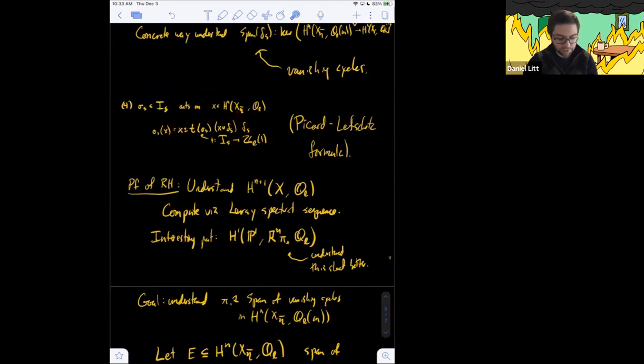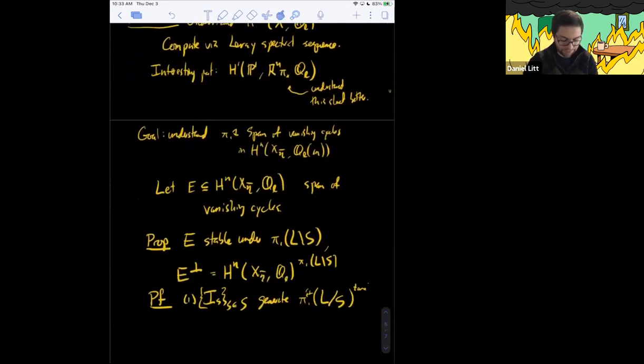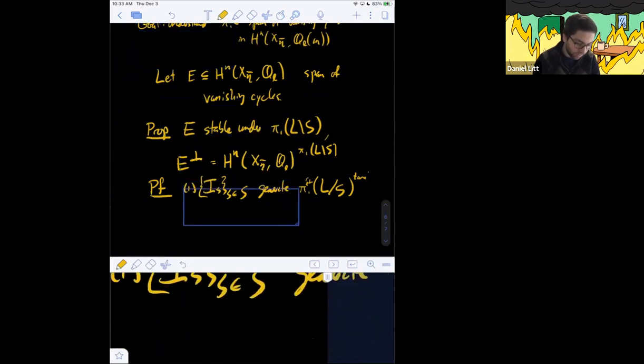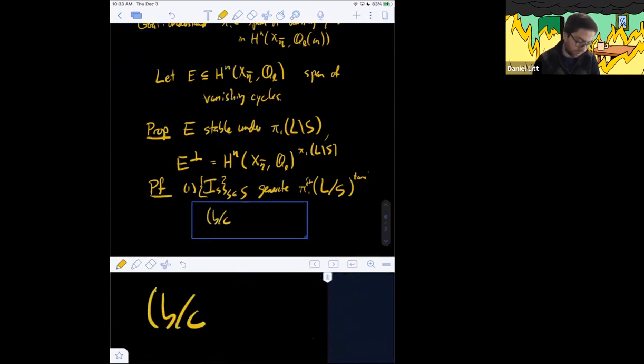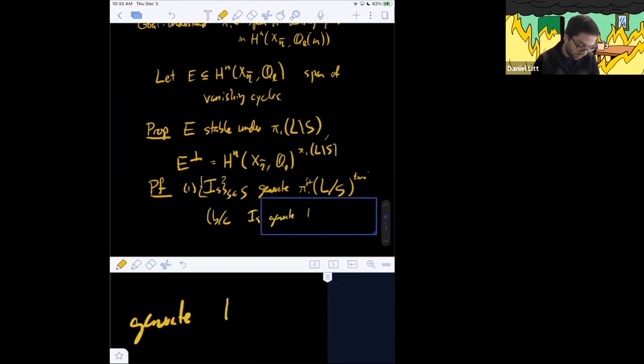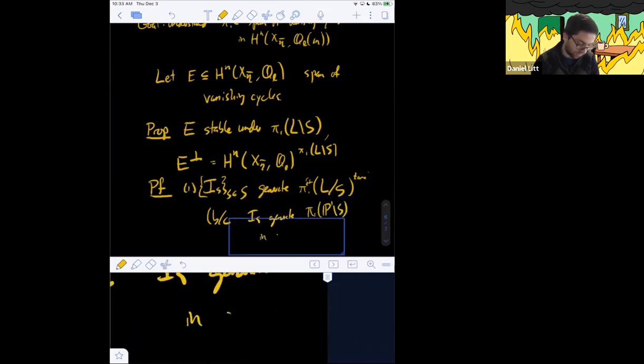Maybe let me omit this issue. The point is that there's some notion of a tame fundamental group, which is a quotient of the fundamental group, and so this generation follows by comparison to characteristic zero. This is because the IS generate pi1 of P1 minus S in characteristic zero.